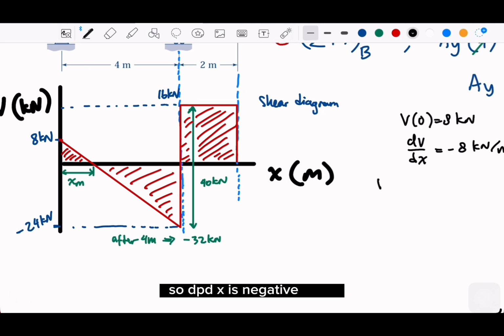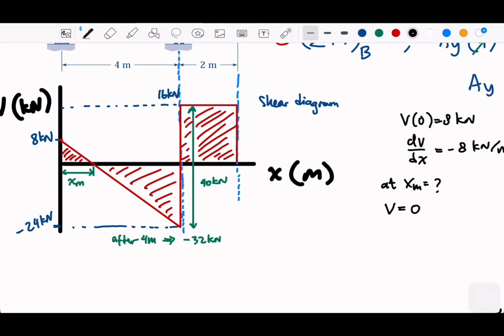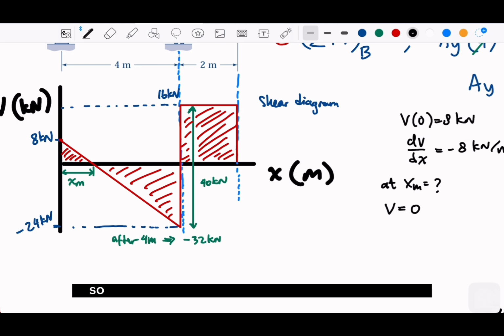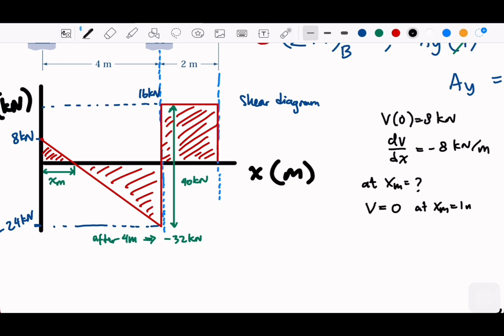So dV/dx is -8, and V at 0 is 8. So at xm equal what? Then V equals 0. So V equals 0 at xm equal 1, right?